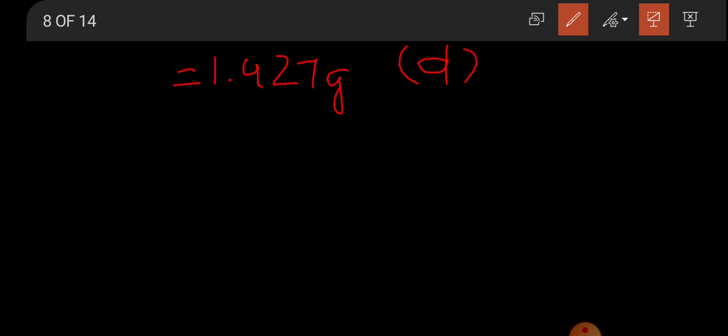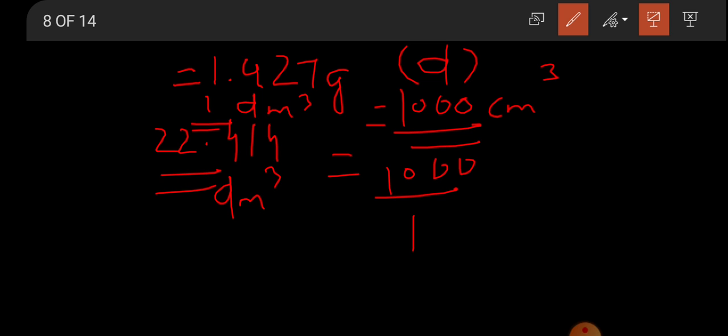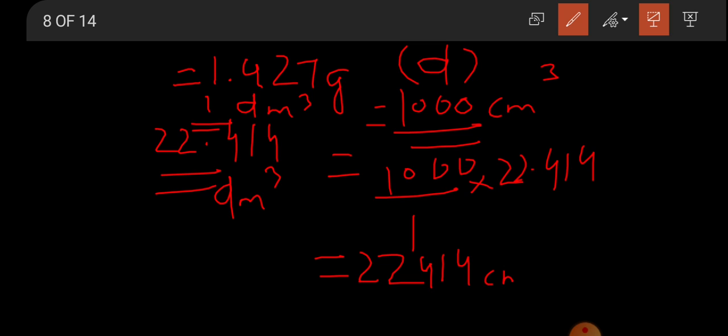So how have you converted decimeter cube into centimeter cube? We know that 1 decimeter cube is equal to 1000 centimeter cube, and 22.414 decimeter cube is equal to 1000 divided by 1 multiplied by 22.414, and you will get the answer in centimeter cube, and the answer will be 22414 centimeter cube.